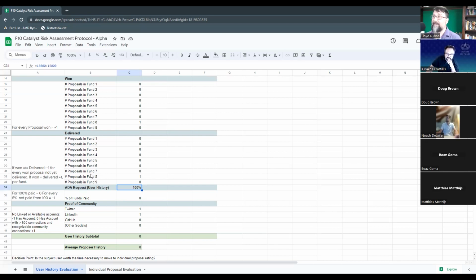If they haven't finished delivering, you can get a -1. And then again, this is somewhere where it could be modified as well. Maybe it's a 0 if they're 95% of the way there, or something along those lines. I know Project Noom, for instance, they have several proposals that they've done all the work and they've not had anybody be able to close out the proposals yet.